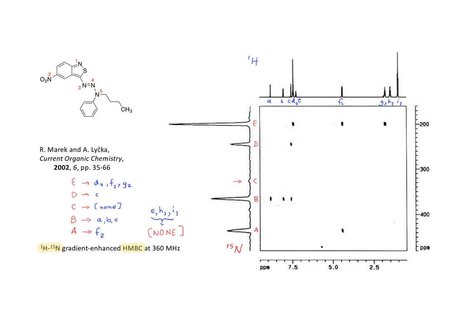Looking at the correlation of nitrogen A to F2, the chemical shift of F2 is consistent with a methylene group attached to a moderately electronegative nitrogen. For nitrogen B, correlating with protons A, B, and C, A, B, and C are in the aromatic region.